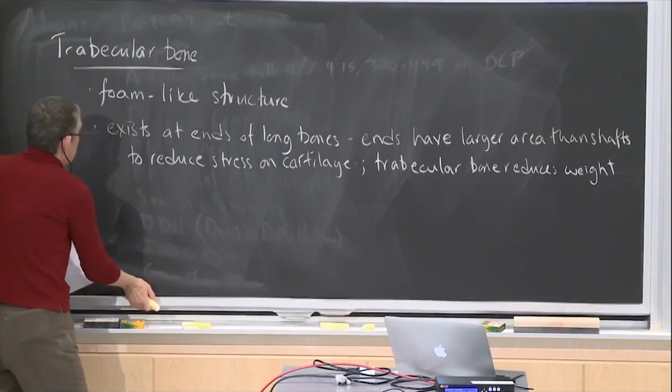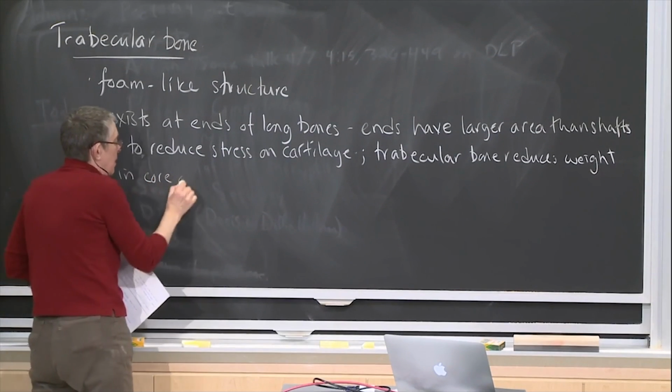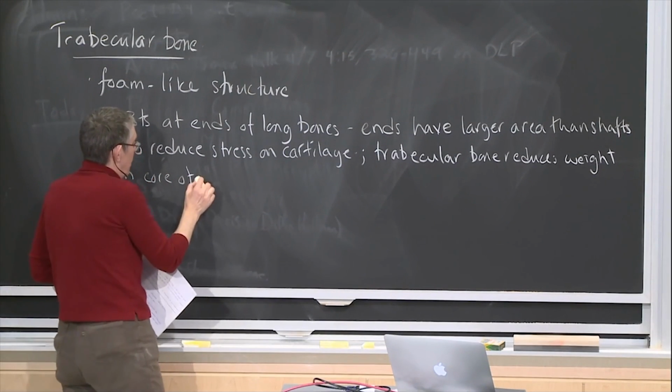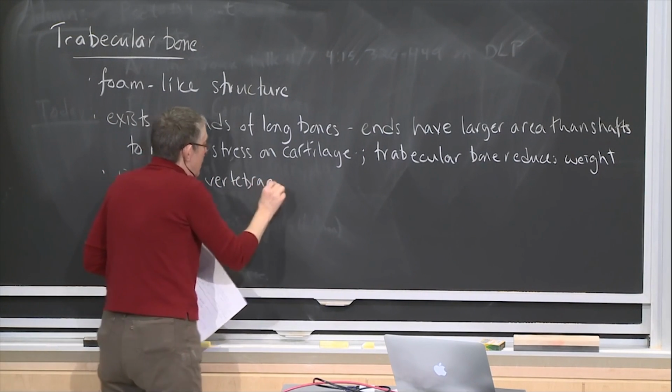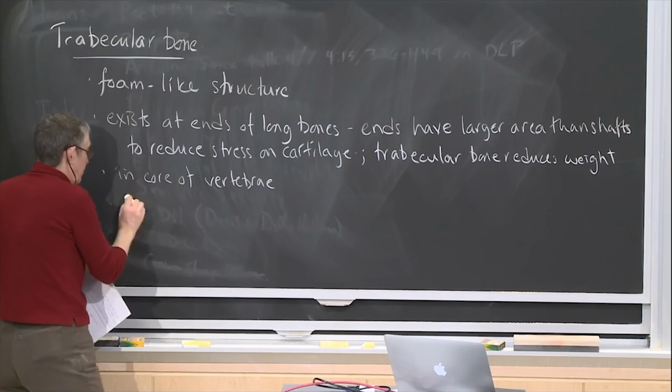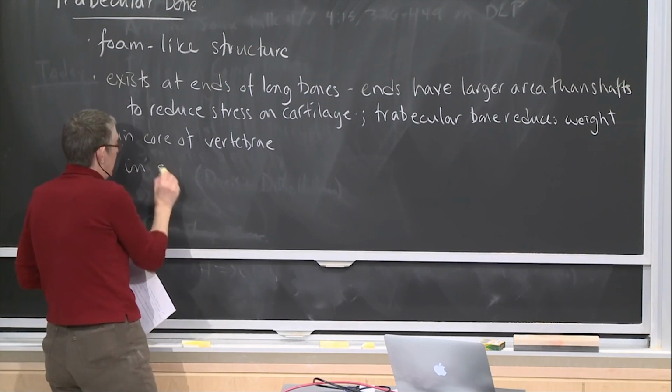So it also exists in the core of the vertebrae. And in fact, it makes up most of the vertebrae. And then in things like the skull and the pelvic bones, in shell and plate-like bones.